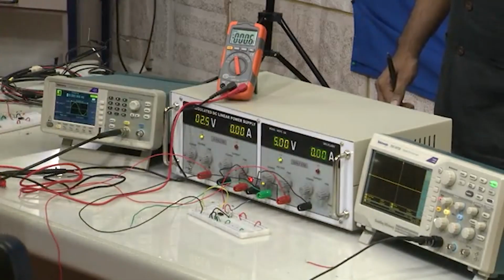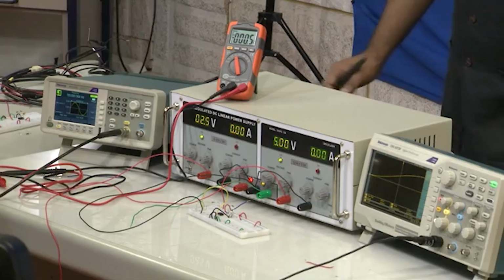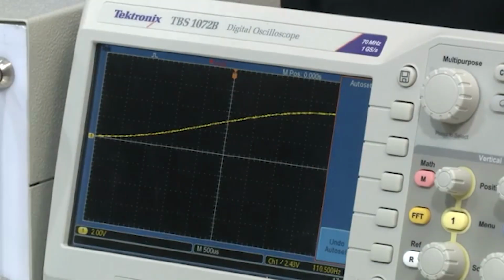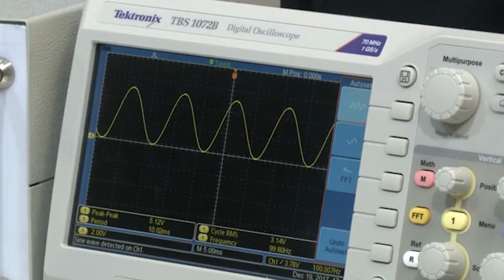Now we will connect the signal to see whether it is 5 volts and 100 hertz or not using the oscilloscope. We are connecting the two probes together and looking at the signal in the oscilloscope, and what we see is the voltage is 5.12 volts and the frequency is 99.8, about 100 hertz.